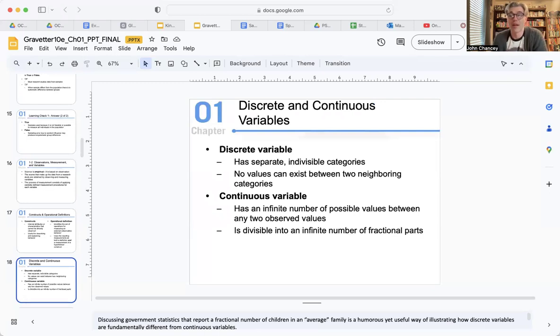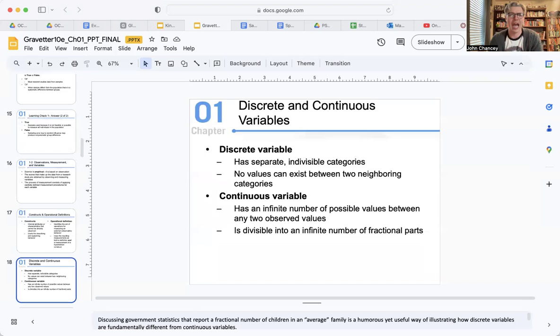Okay, so when we talk about variables, the things that we're interested in measuring and capturing, we can look at them in two broad categories. We have discrete versus continuous variables. Discrete variables have separate, indivisible categories that you belong to. There really isn't any kind of value in between those categories. So, for example, it could be your class standing, being a freshman at OCCC versus being a sophomore at OCCC.